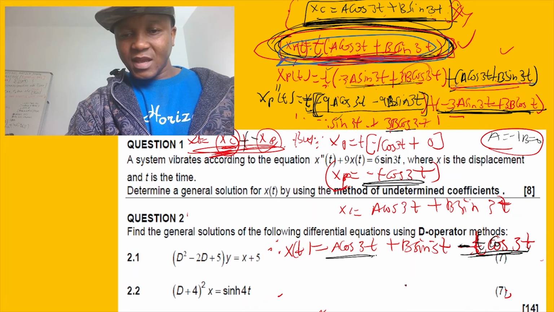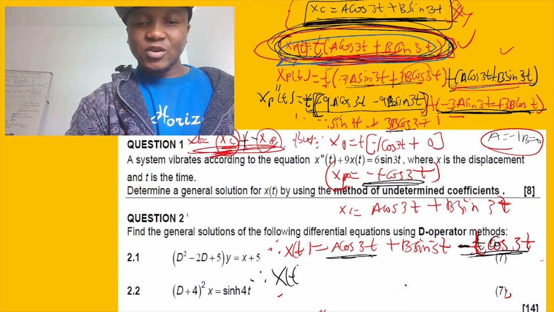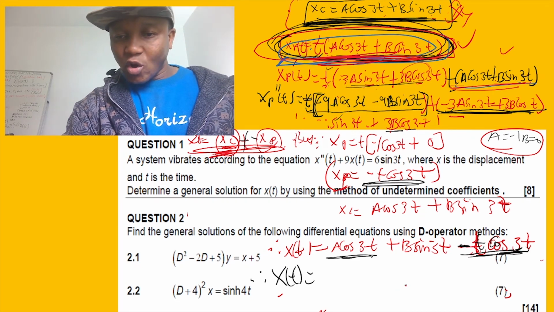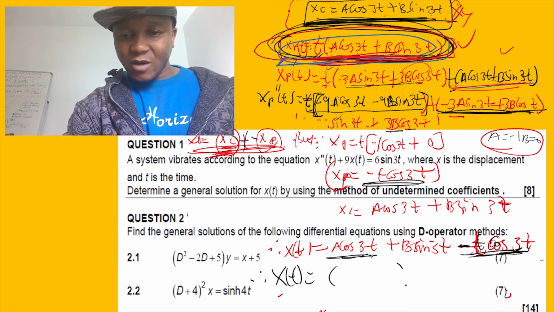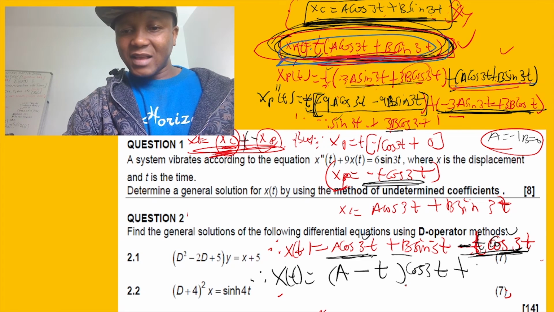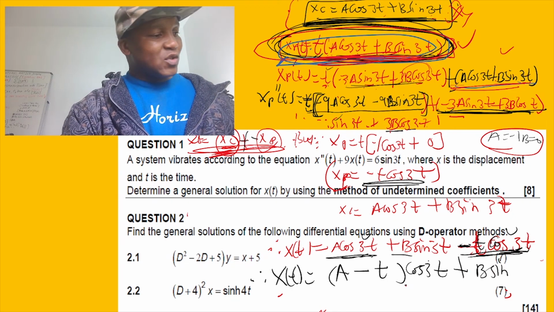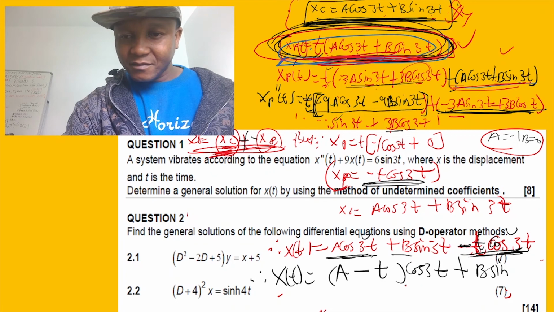These are like terms, so I can simply say the final general solution they're looking for: cos and cos, so I can take cos 3t out, a minus t, cos 3t, plus b sine 3t.